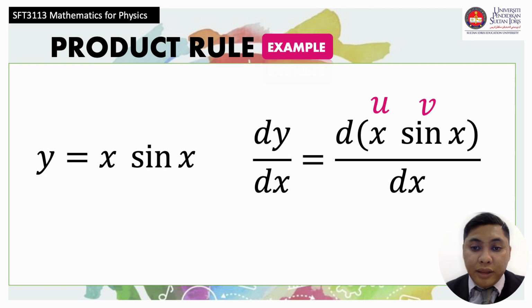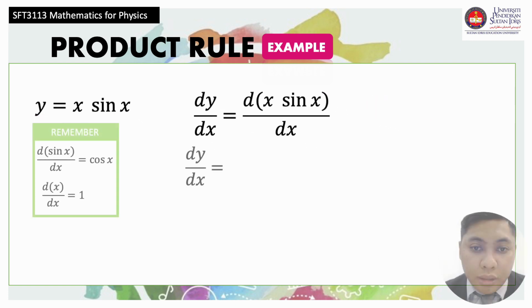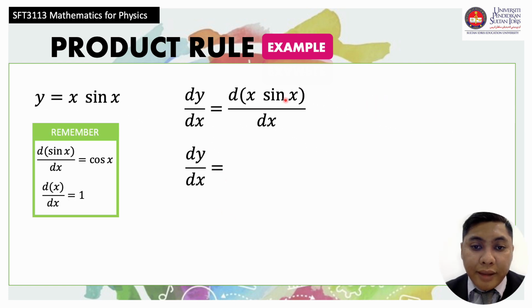We know that d(sine x)/dx is cos x, and if we differentiate x, we get 1.